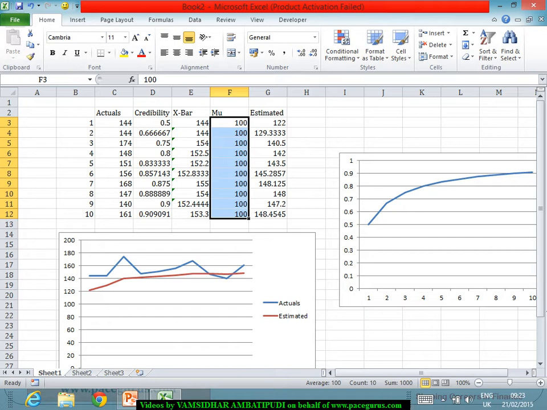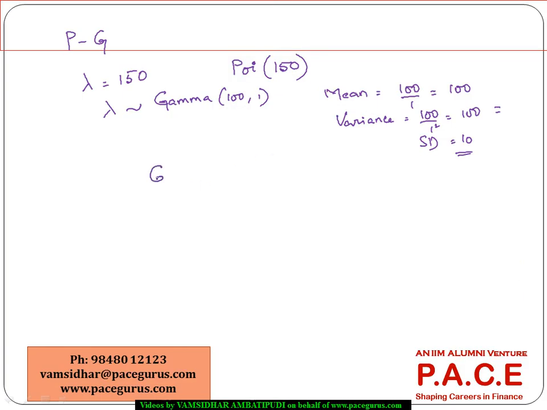And now in the same example, instead of looking at gamma 100 comma 1, I want to look at a gamma 500 comma 5 kind of distribution. Why? In this case also the mean is 500 by 5, alpha by beta, which is still 100.